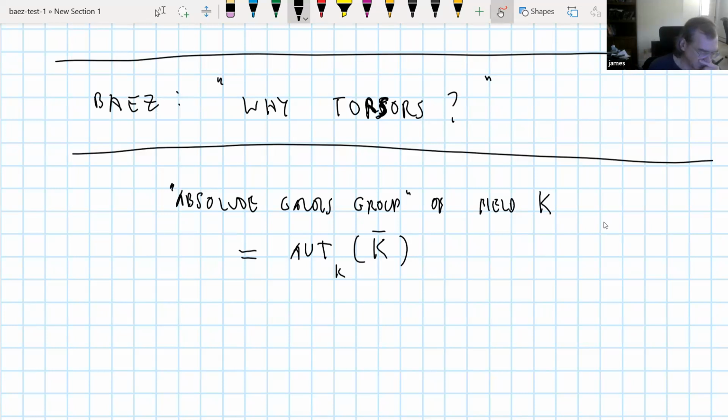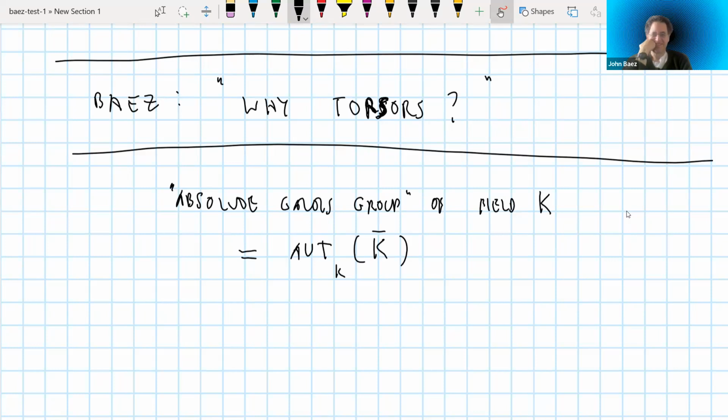So, I'm trying to answer your question, why torsors? What I'm saying now is that, first of all, we're interested in these algebraic geometric analogs of fundamental groups, so absolute Galois groups and étale fundamental groups and stuff like that. We're interested in those. And you'll buy that, right?